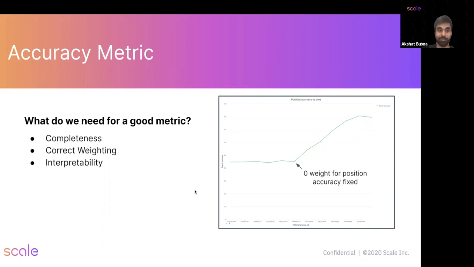Obviously, not only do you need a term for everything, you also need to weight them correctly. That goes without saying. And finally, the metric has to be interpretable, not only for us to understand why quality on a certain project is a certain way, but also to be able to communicate feedback to taskers in a really actionable way.